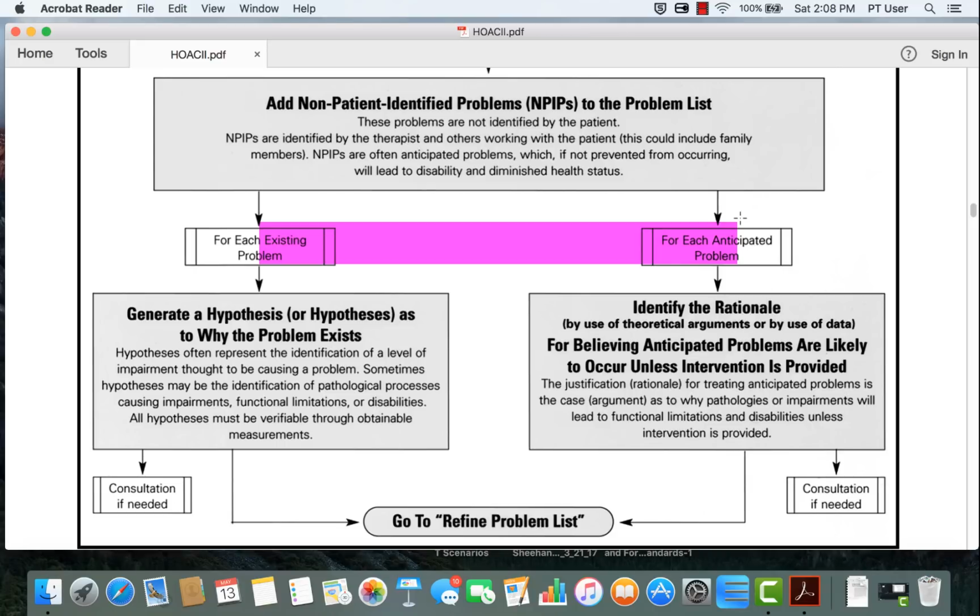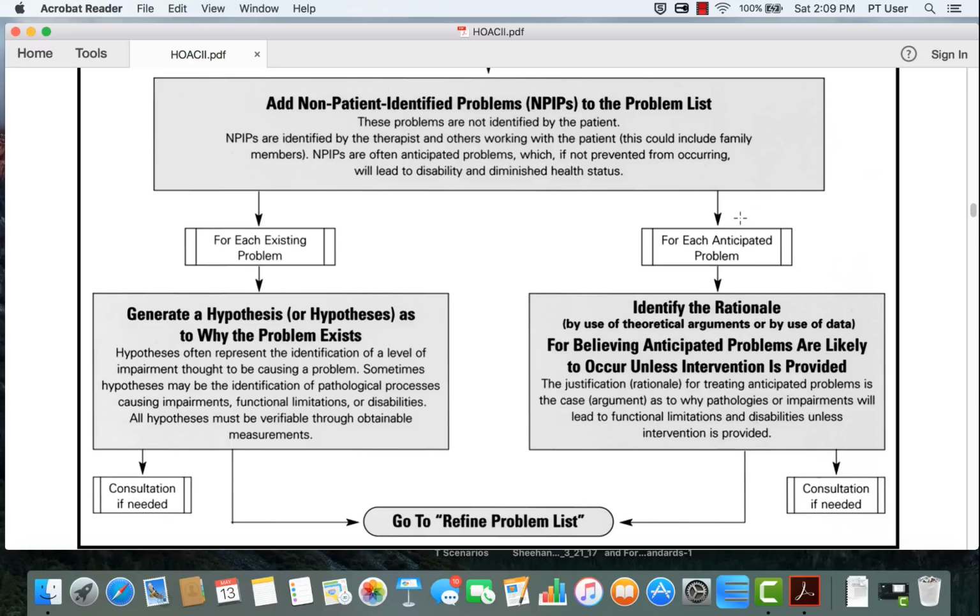That's an example of a non-patient identified problem. That is a problem, level of function or disability, that is identified by someone else outside of the patient. The other common example that you will experience is that the patient might say, I'm having a problem with this, or this is a problem, or that is a problem. And then a significant other, spouse or child, or whoever, pulls you aside and says, well, let me tell you what else is going on.